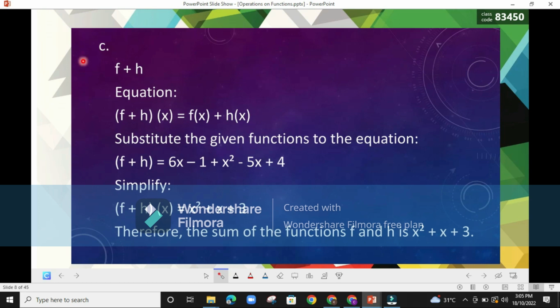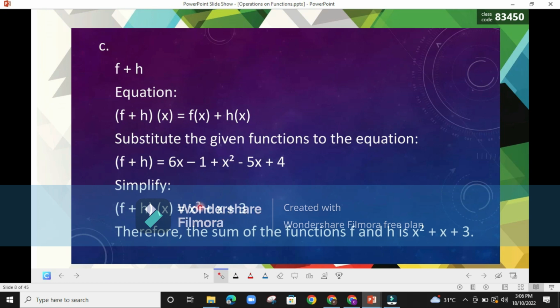Okay, let us proceed to the third example, f plus h. The equation would be (f + h)(x) = f(x) + h(x). Substitute the given functions to the equation. We have f + h = 6x - 1 + x^2 - 5x + 4. Simplify: (f + h)(x) = x^2 + x + 3.